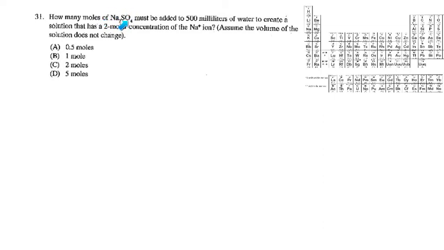And the reason is because if we have a 1 molar solution of this, it's going to kick off 2 Na's. Let me show you what I mean. So when Na2SO4 dissolves, it's going to make 2 sodium ions and 1 sulfate ion. So if we want a 2 molar solution of this, we only need a 1 molar solution of that stuff. So that simplifies things a little bit.